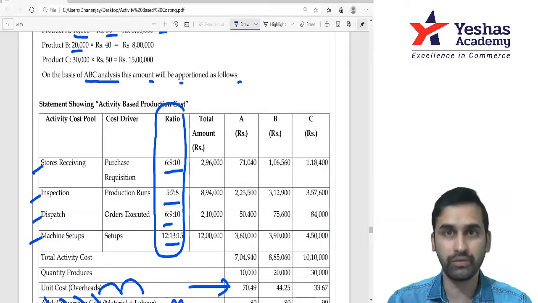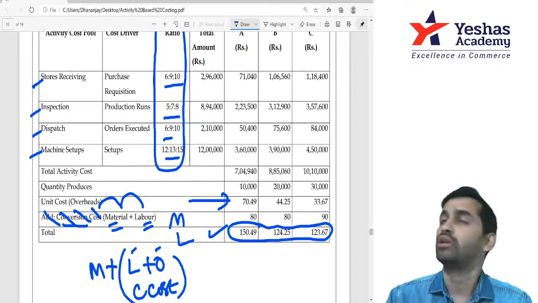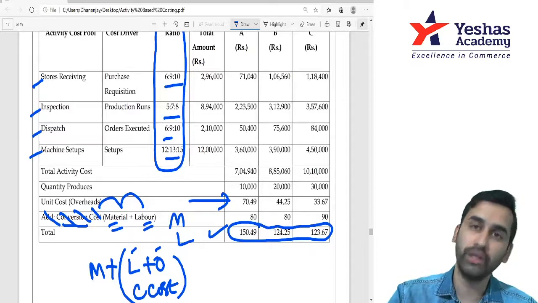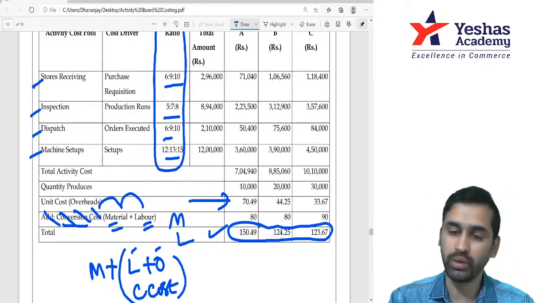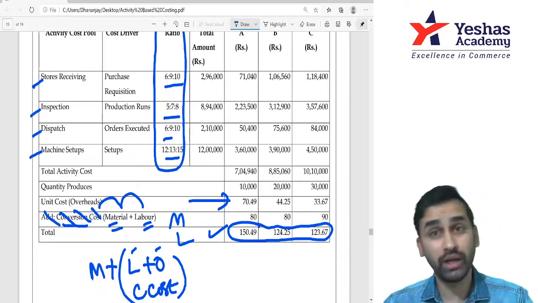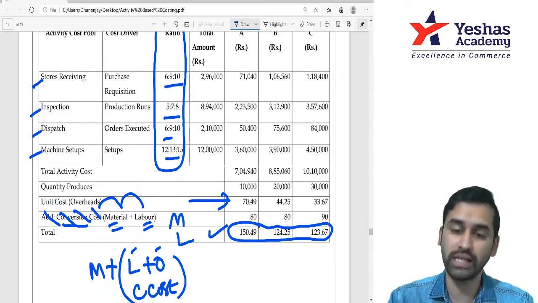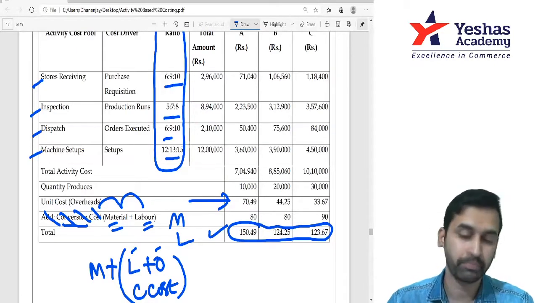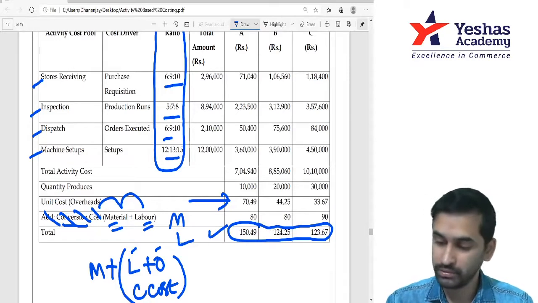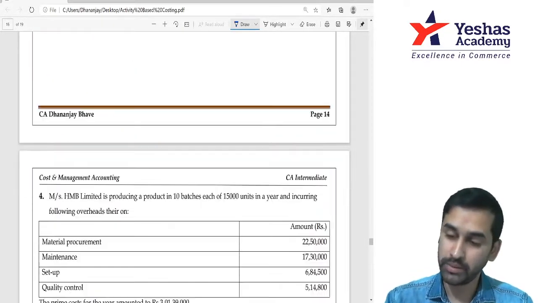I have just copied from there. I just wanted to show you how it is presented in their answer. Not to worry, if you present in your format also, ultimately answers will match. Don't worry too much about your way of presentation and their way of presentation. This is not a schedule. This is not as per any act. So there is no strict standard format. Got it? Right. Next, I have a few more problems.